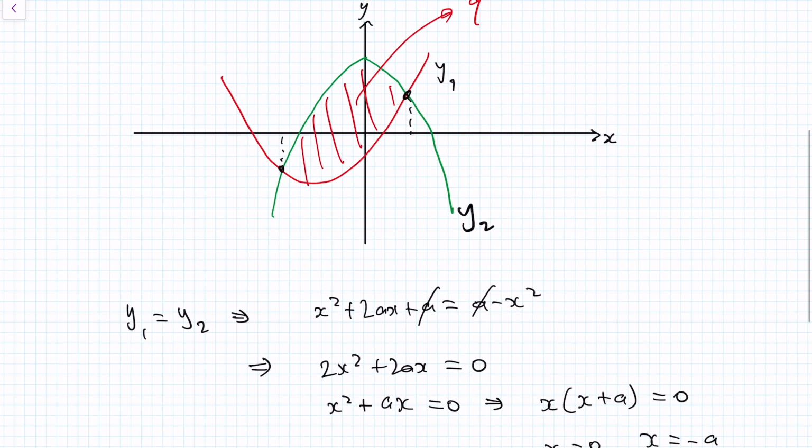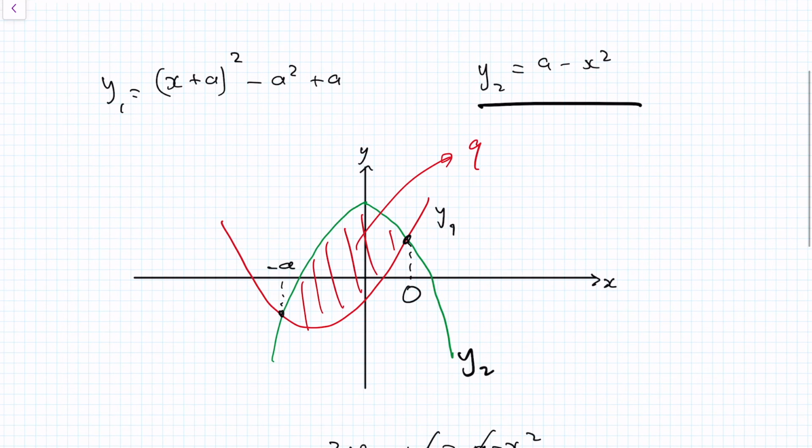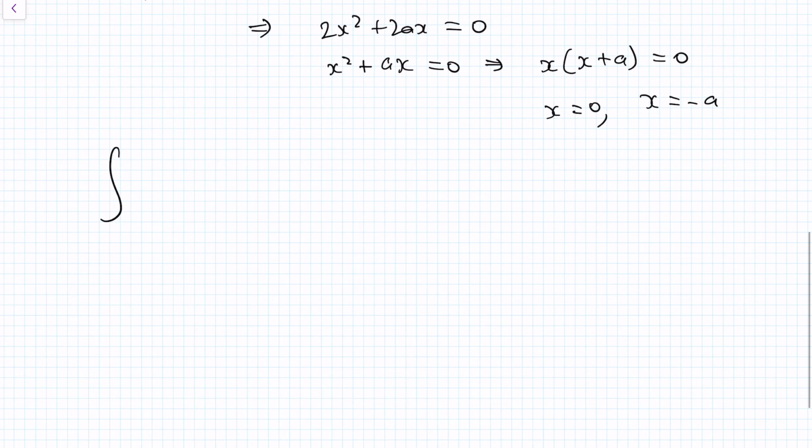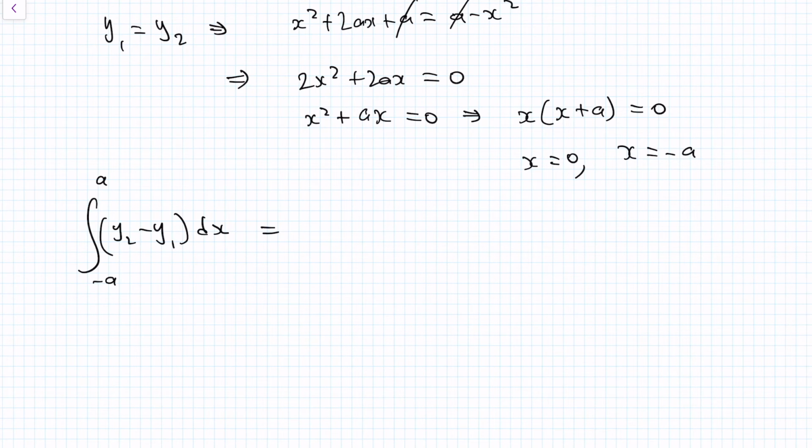Okay, so this is supposed to be the origin, and this is minus a. That doesn't look like an origin because that was a rough sketch, but you get the point. So what we want to do is integrate from minus a to 0, not minus a to a, y2 minus y1 dx.